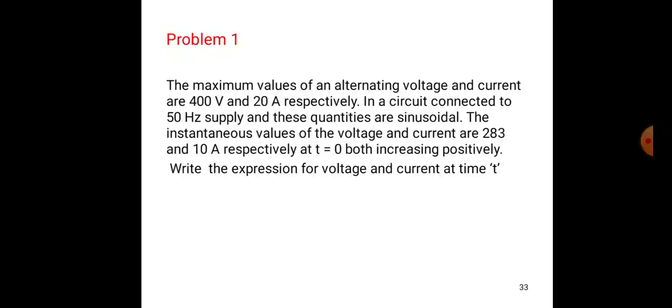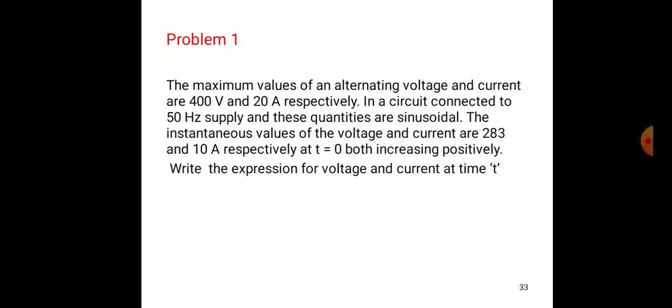The maximum values of an alternating voltage and current are 400 volts and 20 amps respectively in a circuit connected to a 50 Hz supply, and these quantities are sinusoidal.